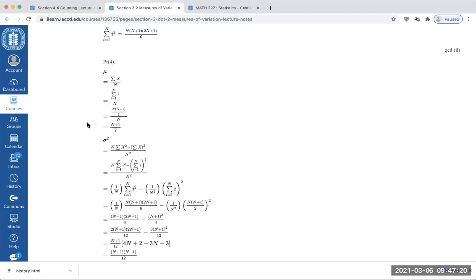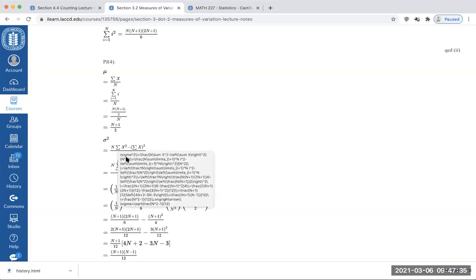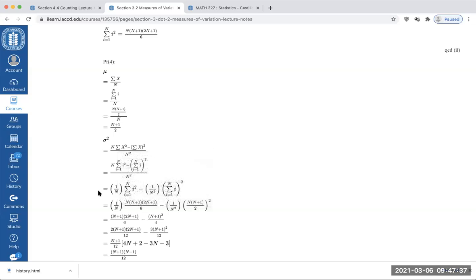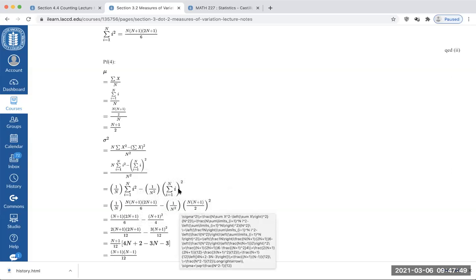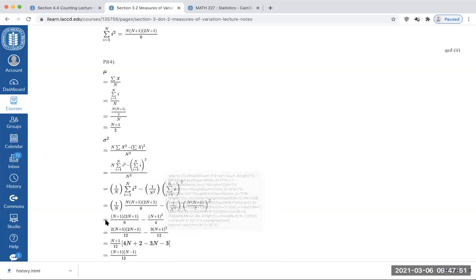So I'm done. Next, sigma squared, by the simplifying computational formula, is just the sum of x squared over n minus the sum of x quantity squared over n squared. But the sum of x squared is just n times n plus 1 times 2n plus 1 over 6, divided by n, which is n over n squared, just 1 over n. And the sum of x is just n plus 1 over 2.